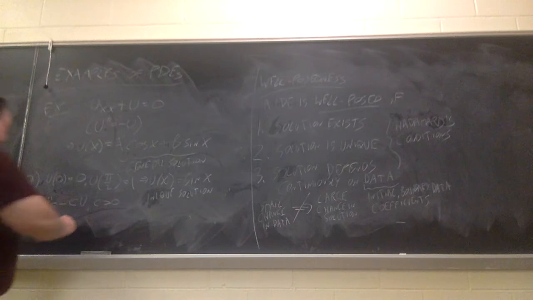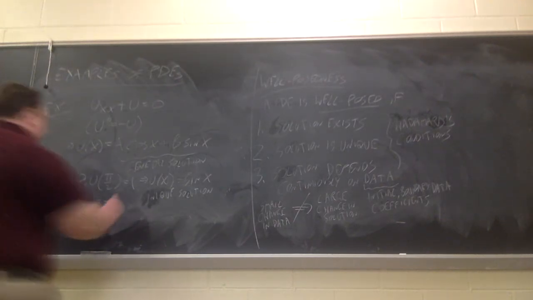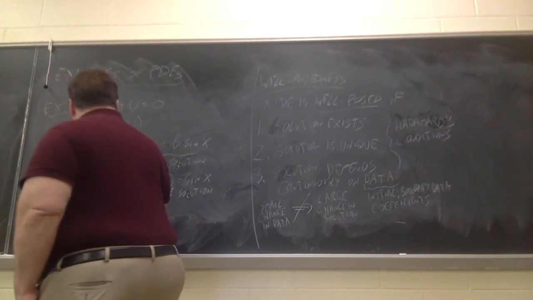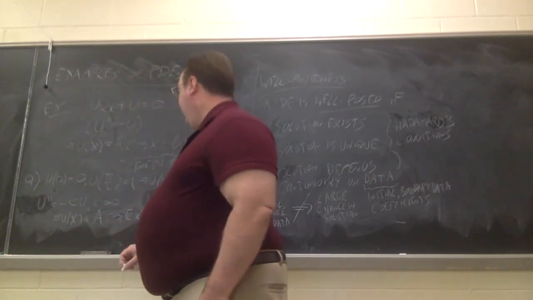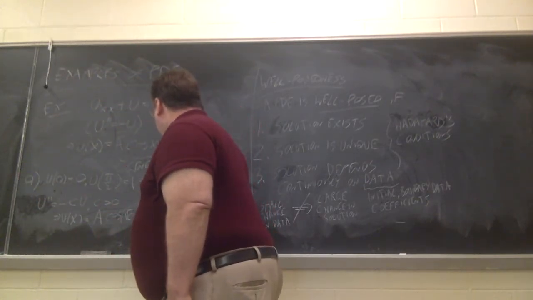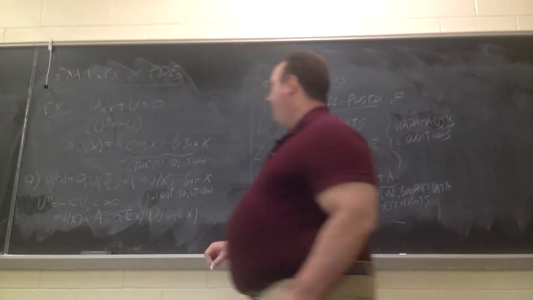So the general solution is a cosine square root of c x plus b sine square root of c x.